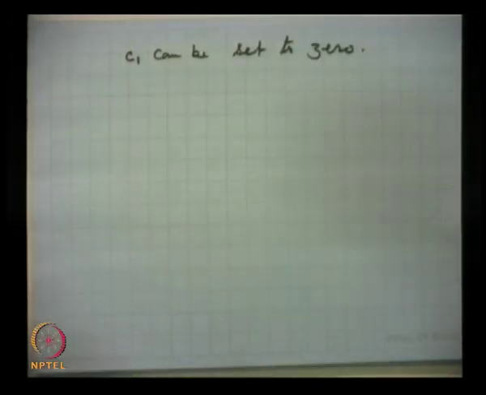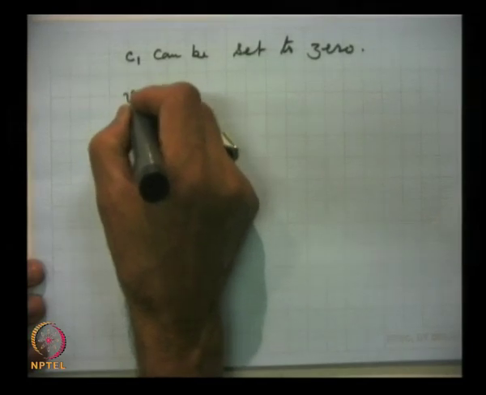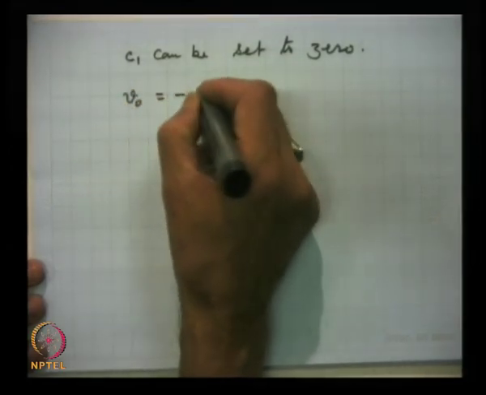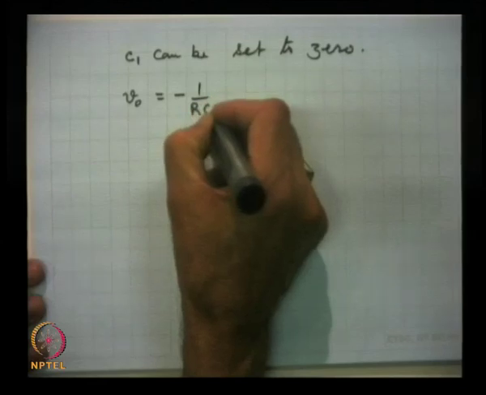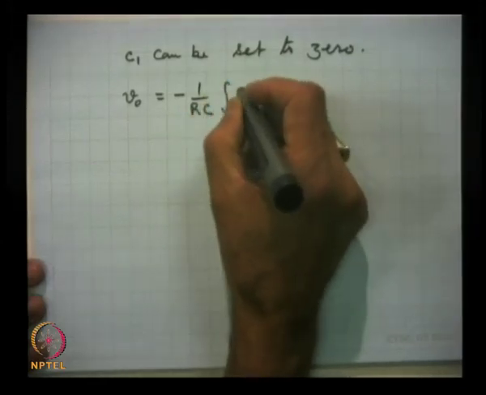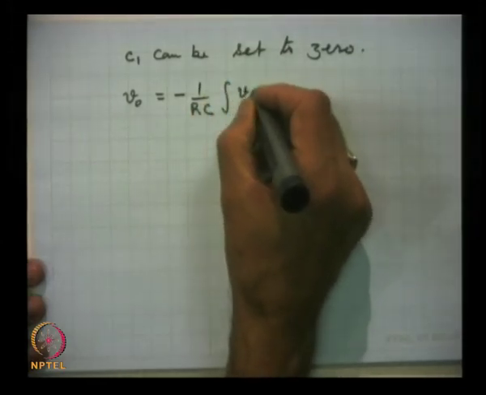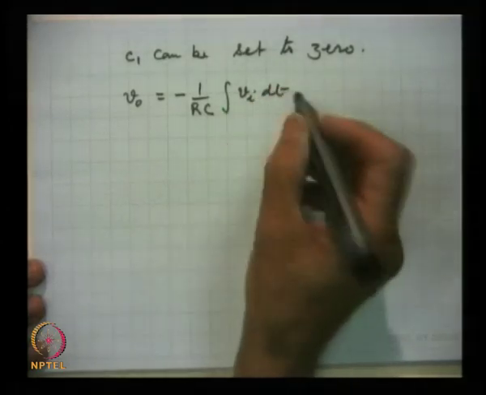In that case, V0, the output voltage, will be minus 1 by RC integral of Vi dt.